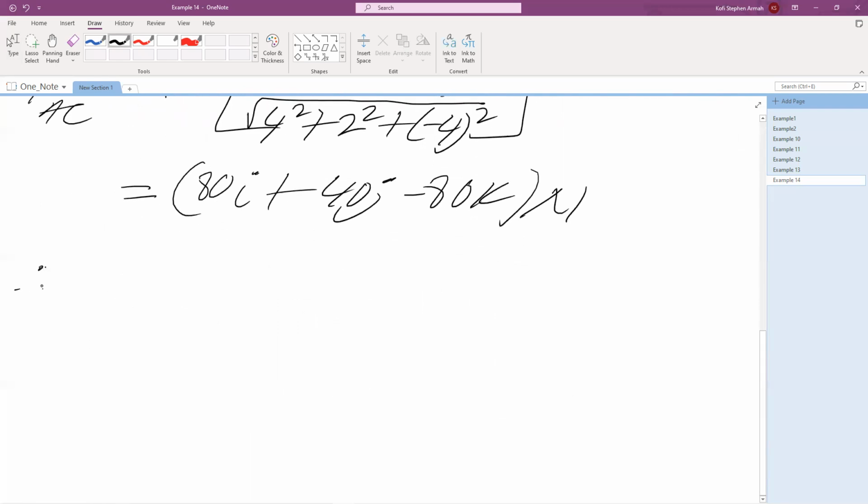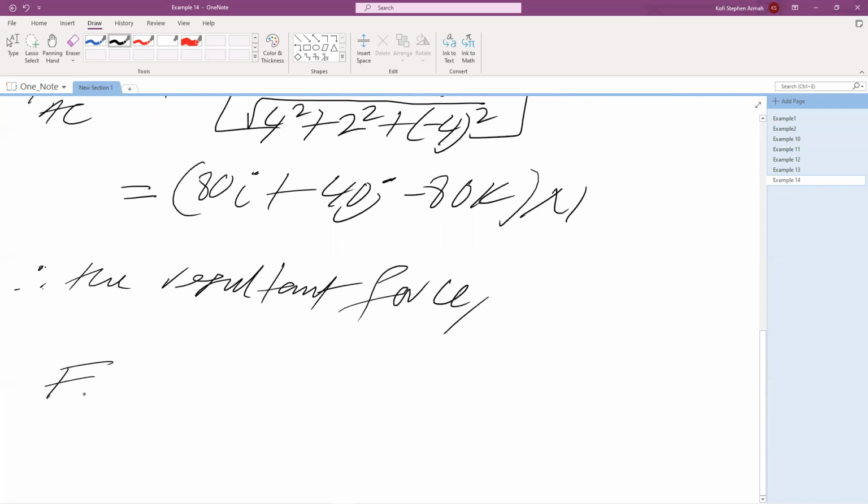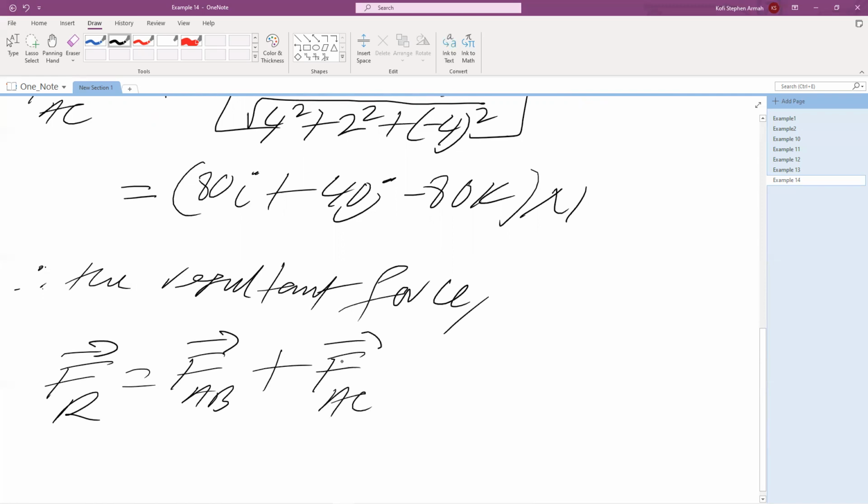Therefore, the resultant force, I think I've been using FR. It's my FAB vector plus my FAC vector.